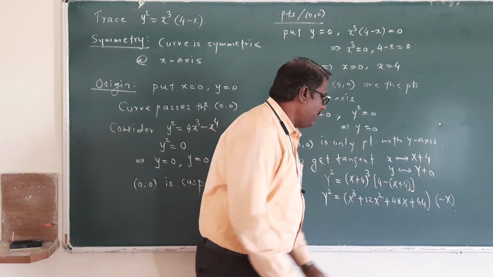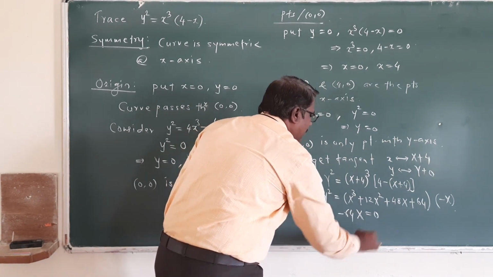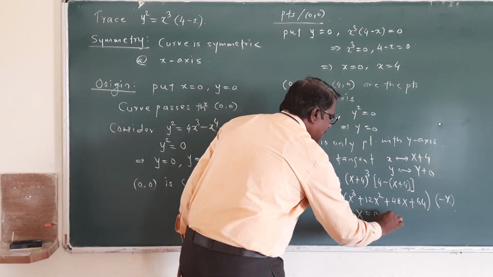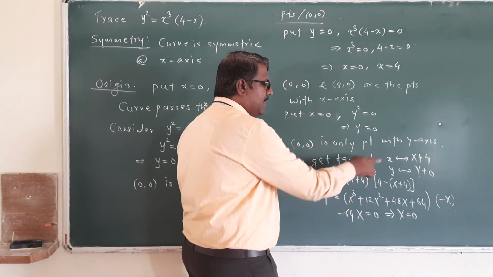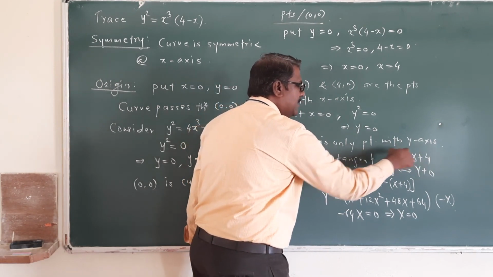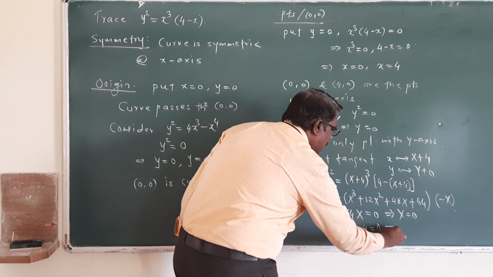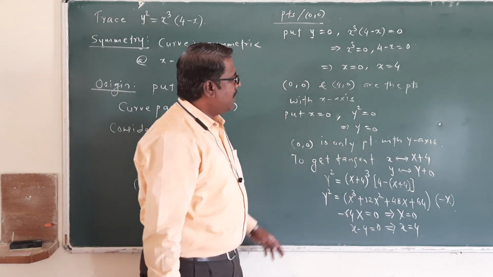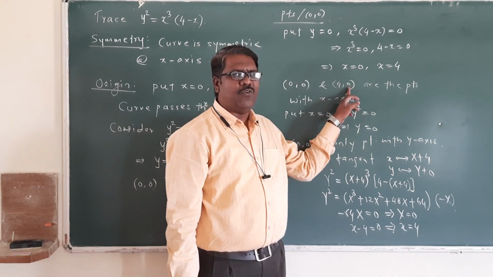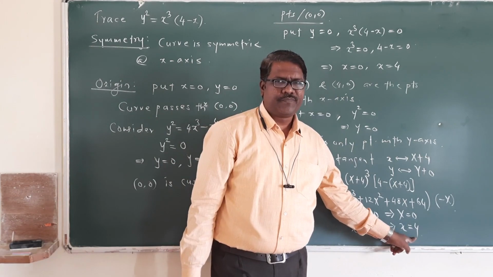So the lowest degree term is minus 64 into X is equal to 0, and this implies X is equal to 0. And what is this capital X? It is x minus 4. So x minus 4 is equal to 0 implies x is equal to 4. Thus, at the point 4 comma 0, the tangent is x is equal to 4. Okay?